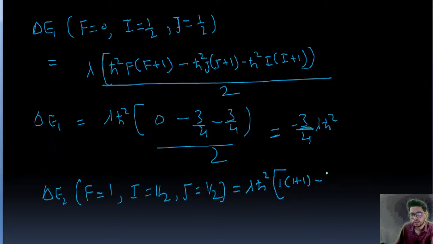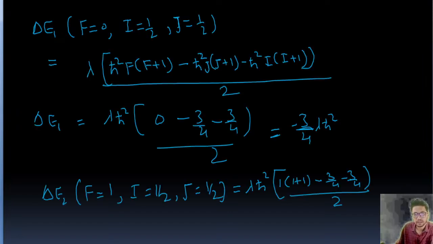The j value is 1 by 2 and 3 by 2, and minus 3 by 2, right? Upon 2. So delta E2 is going to be, if you calculate it, it is a simple calculation, you can do it. So the delta E2 value is going to be minus 1 by 4 lambda h cut square.